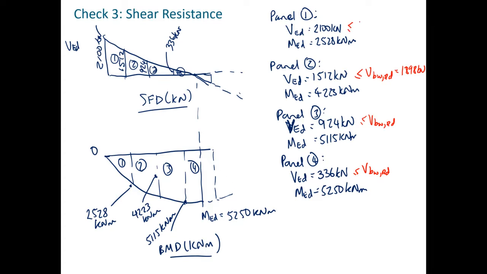And we checked the top one there, which is greater than VBRD, which is equal to VBWRD plus VBFRD. Okay, so that's all the panels. So what does that kind of tell us? Well, it tells us that there's no need to calculate the shear buckling capacity of the flange, the contribution to the flange for panel 2, 3, or 4.